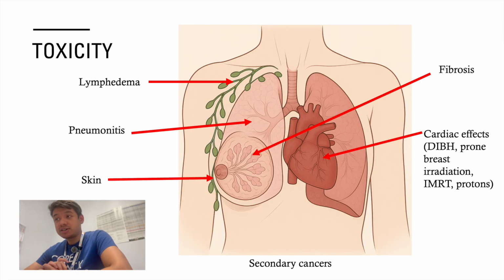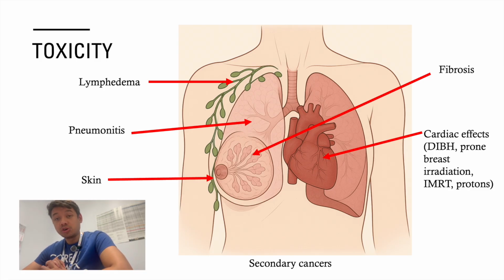Toxicity in breast radiotherapy is directly related to anatomy. Because the breast is close to the lung, there is a small risk of radiation pneumonitis. We can also see skin toxicity, especially in skin folds, and cardiac toxicity, which can be reduced thanks to modern techniques like DIBH, prone breast irradiation, IMRT, and protons.